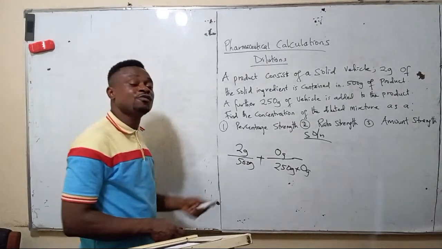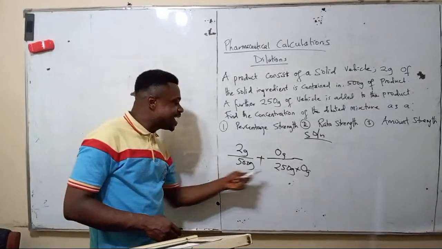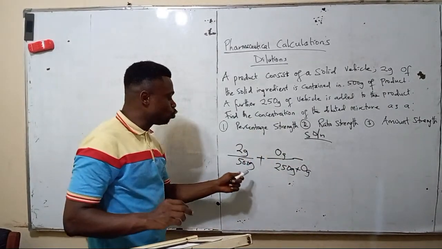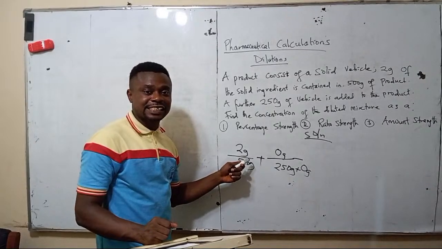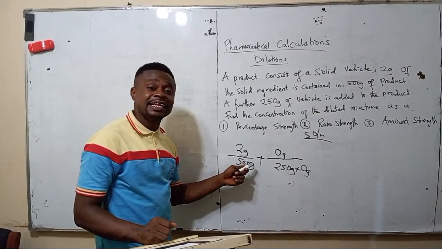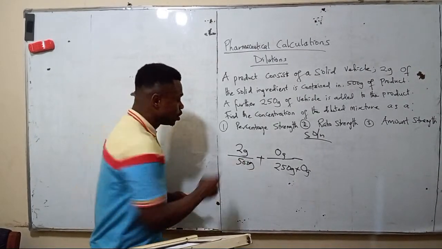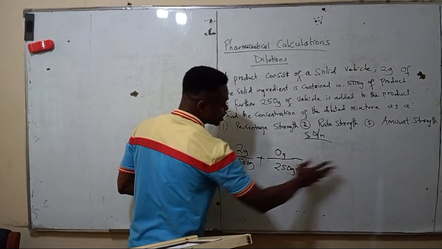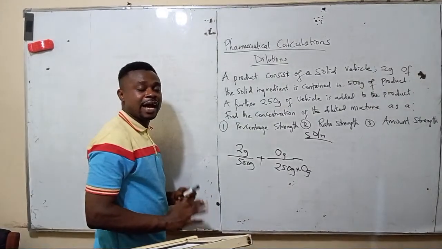So if you now want to find the final concentration, we add up, but we will not add it as a normal fraction. We add the numerators separately, add the denominators separately, and get our concentration.